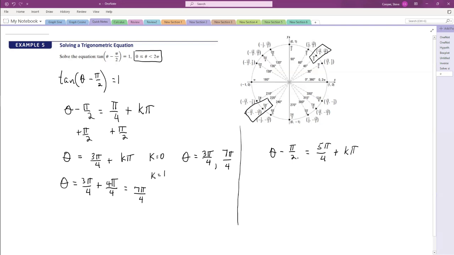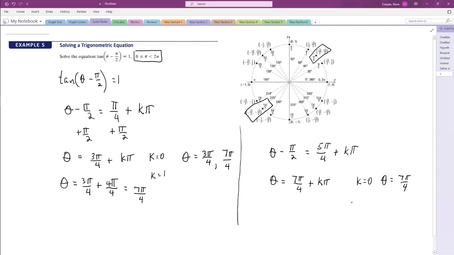Okay, so if I add the pi over 2 to both sides, I'm going to get theta is equal to 7 pi over 4 plus k times pi. And if k equals 0, then theta equals 7 pi over 4. And we've already got that answer.